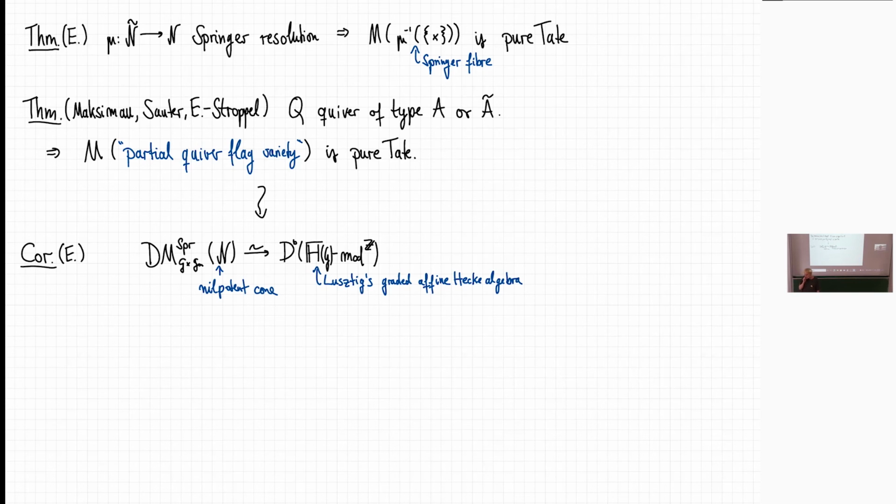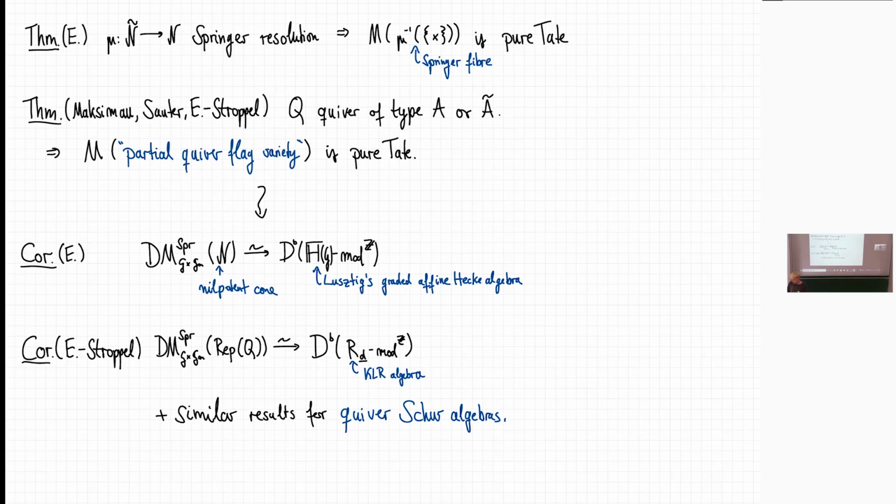First corollary: let's do the classical Springer theory on the nilpotent cone. There we can look at Springer motives on the nilpotent cone. And there, this motivic extension algebra, I mean, it's just Lusztig's graded affine Hecke algebra. It's a graded version of the affine Hecke algebra. Okay, so we get this equivalence of categories between those Springer motives and the derived category of graded representations of the graded affine Hecke algebra.